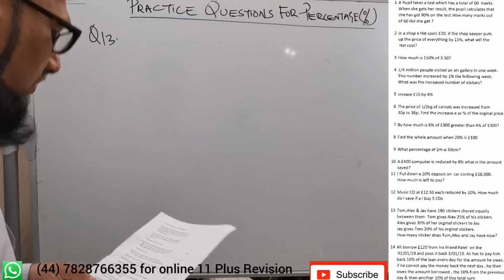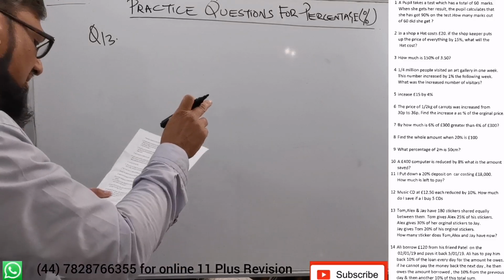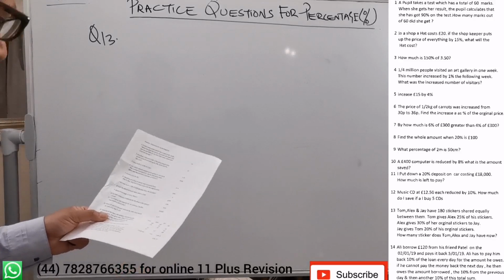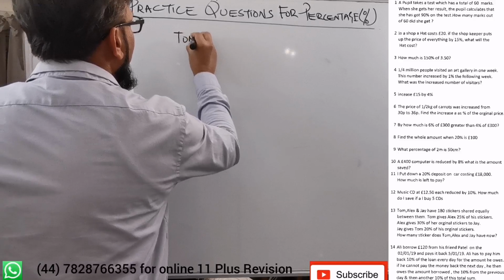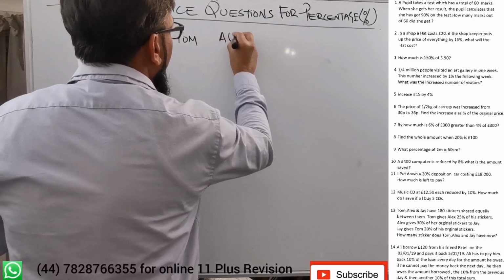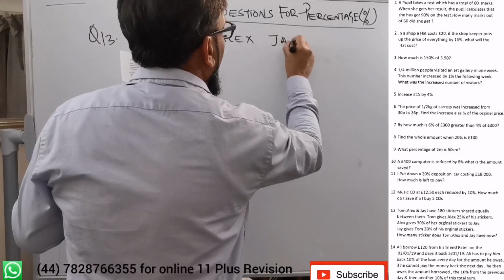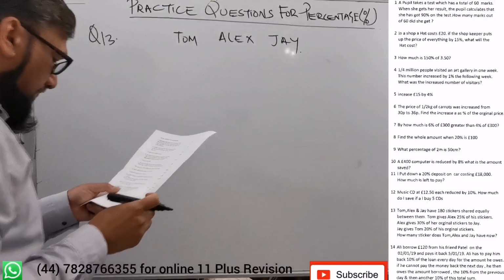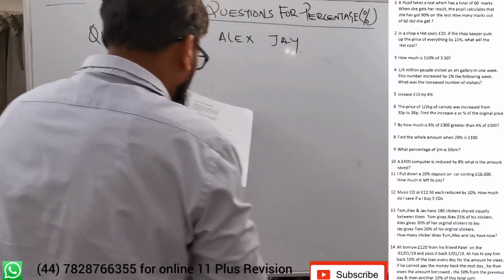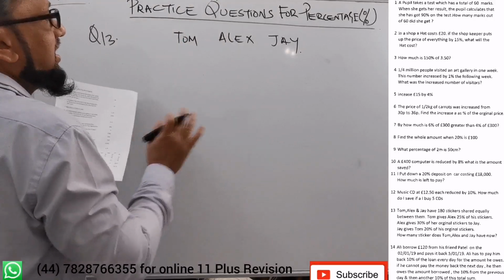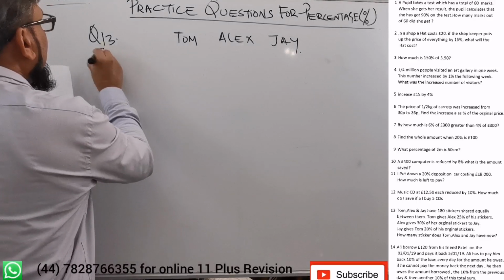So question number 13. Tom, Alex and Jay have 180 stickers shared equally. So it means Tom, Alex and Jay have 180 stickers altogether, shared equally.